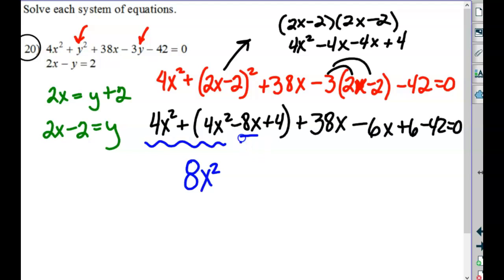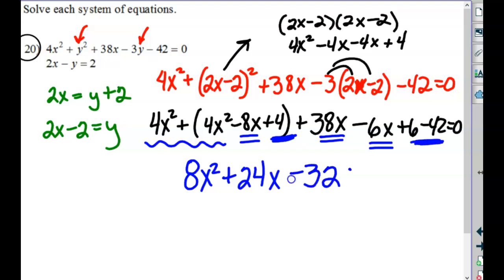How many x's we got, guys? No. 24. And then I got 4. And plus 6 is 10. Minus 32. So we can take out an 8.